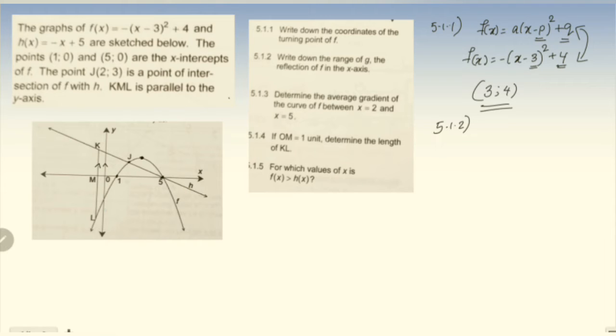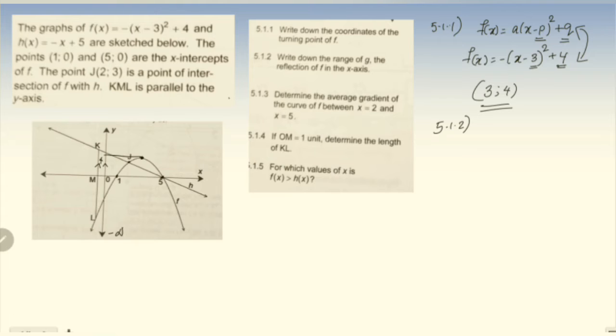This parabola is concave down or open down, isn't it? So the range is the y value of the turning point. That is going to be 4, isn't it? Then 4, then downwards, because range is the y value that we are reading from y-axis. So 4, then downward, which means minus infinity to 4. That is the range of f of x.